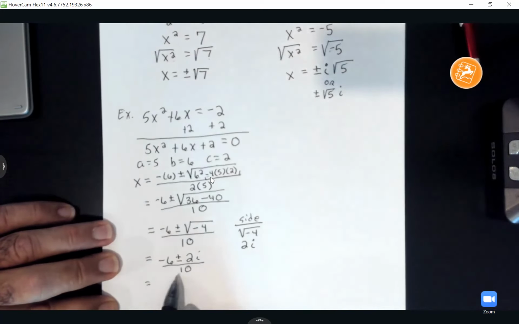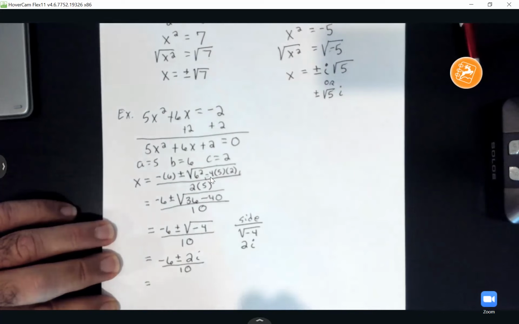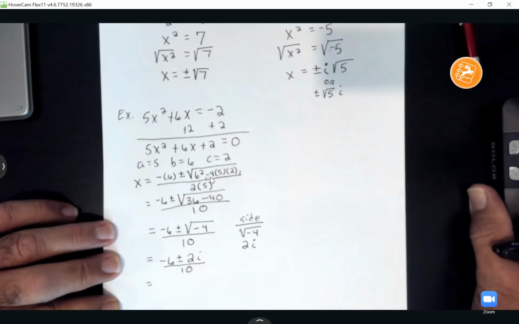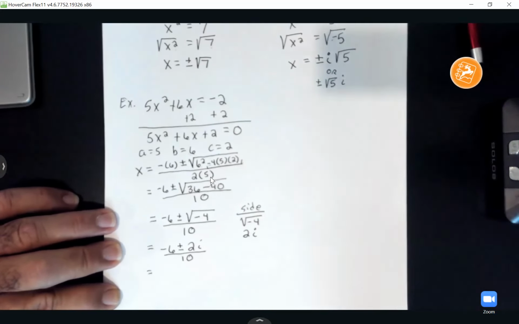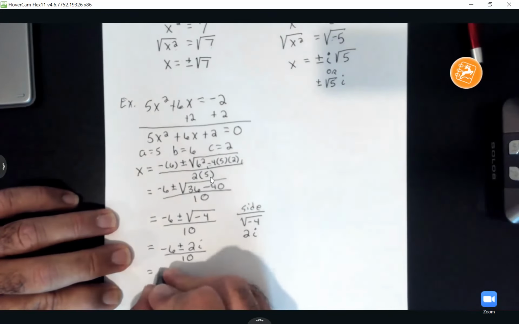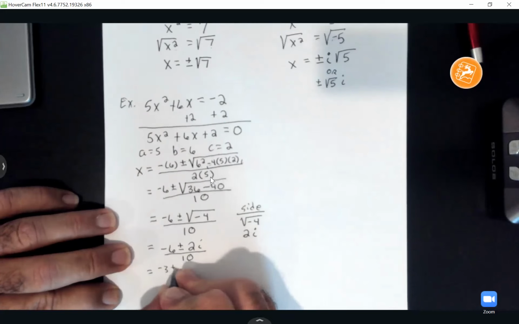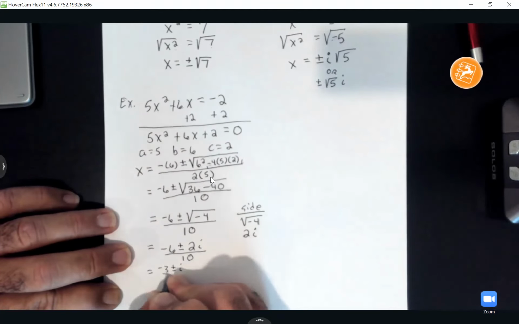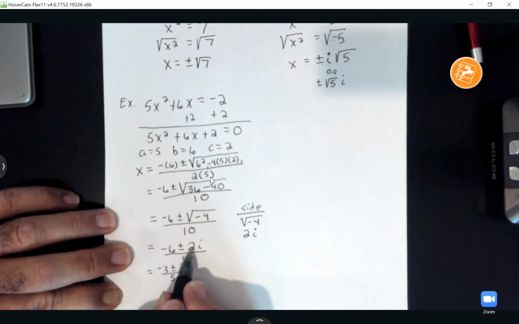I got 3 outside numbers. What can I divide all 3 of them by? 2. Okay, so dividing by 2, I get -3 plus or minus i over 5. So remember, I had to do all the numbers.